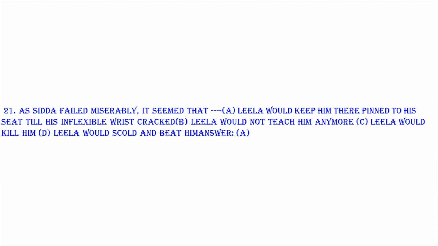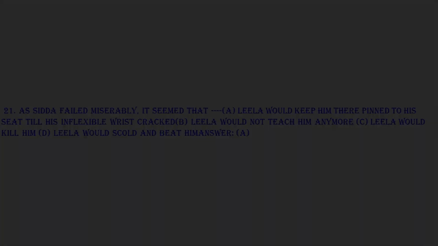21. As Siddha failed miserably, it seemed that: A. Leela would keep him there pinned to his seat till his inflexible wrist cracked, B. Leela would not teach him any more, C. Leela would kill him, D. Leela would scold and beat him. Answer, A. 22.